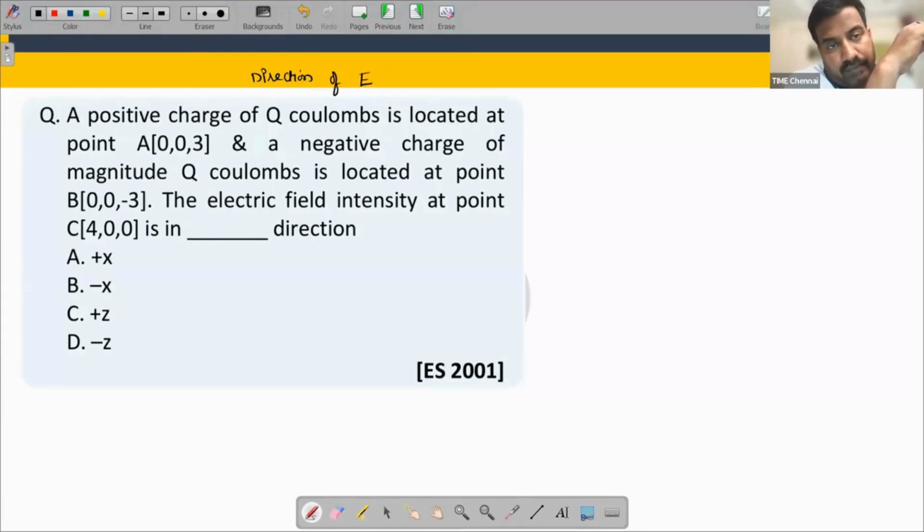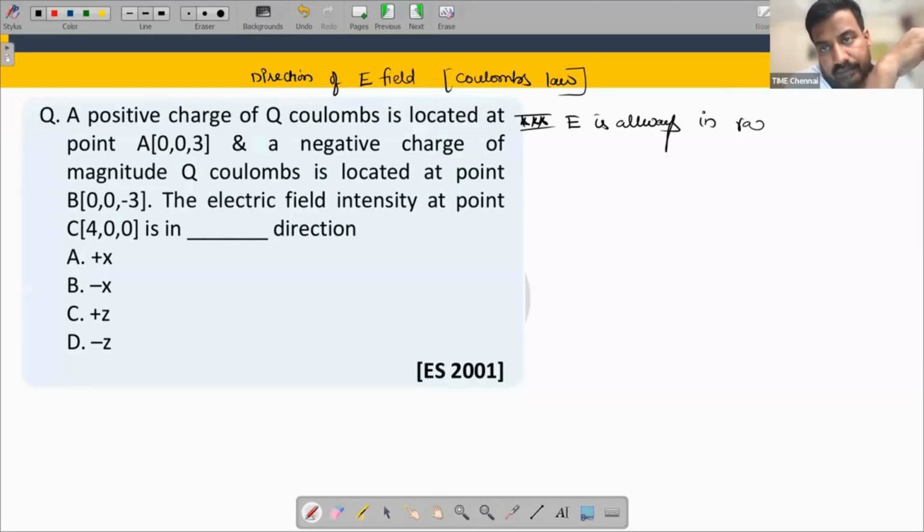Direction of electric field related to Coulomb's law. We know E is always in the radial direction.